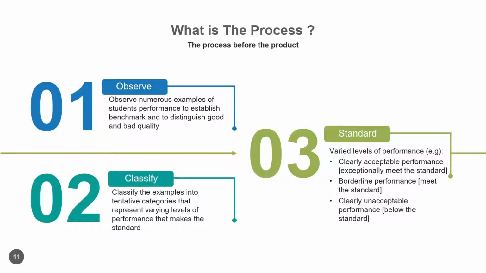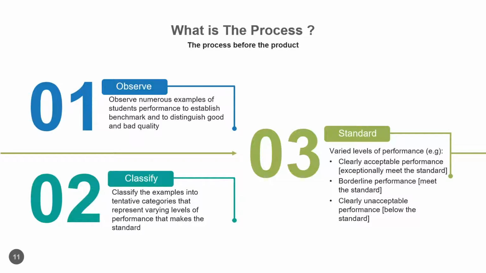Borderline performance will be just meeting the standard. Some people will say that's meeting the standard, borderline performance. That's 3 usually, if it's a scale of 5. And clearly unacceptable performance will be below the standard. In between will be neither here nor there, but almost there. So they can do this but cannot do that. Something of that sort.